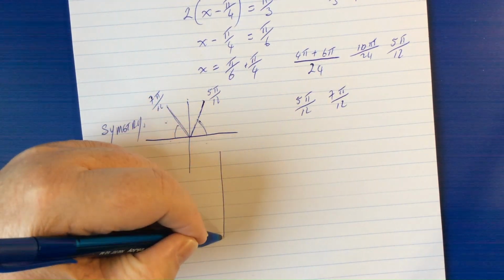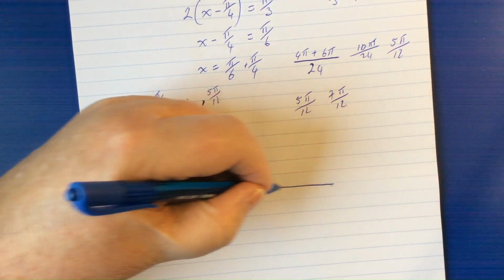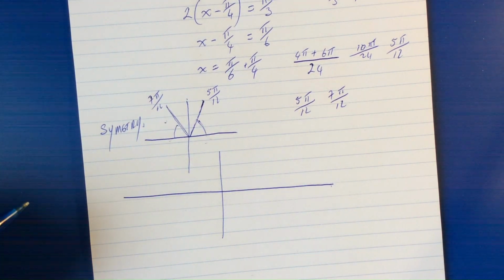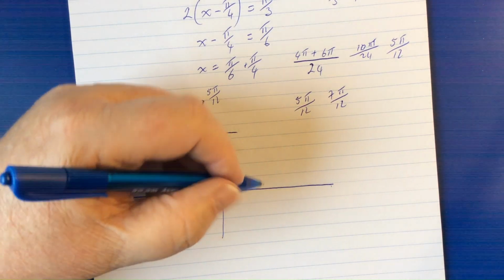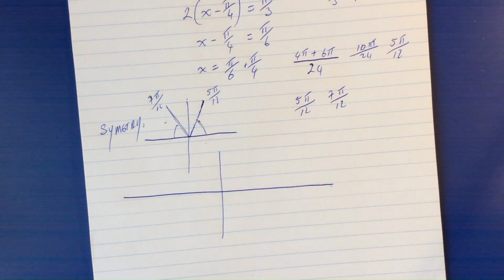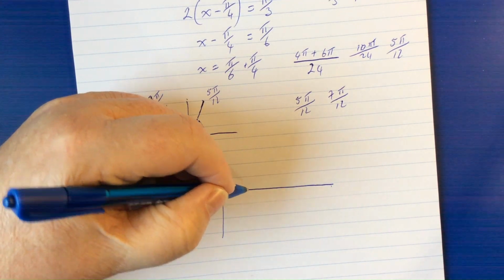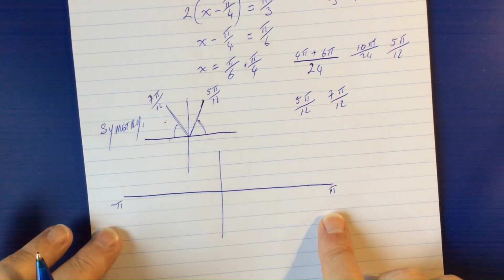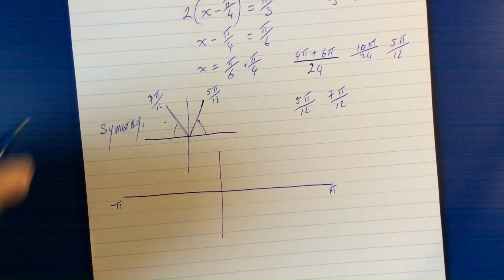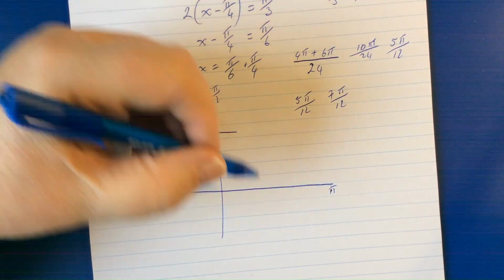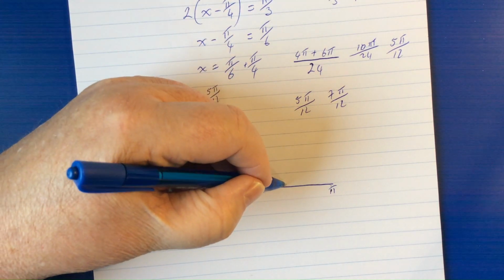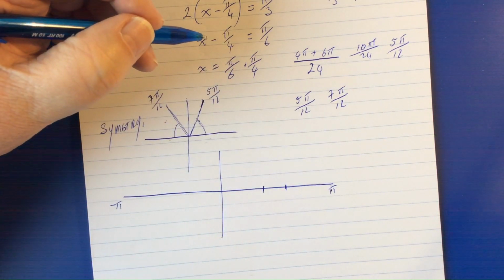If we move to graphing this on a Cartesian plane, and I'm not going to get into what the graph actually looks like, but let's say that this is pi and this is negative pi, which is the extent of our domain. What we know is that 5 pi is around here and 7 pi is around here.